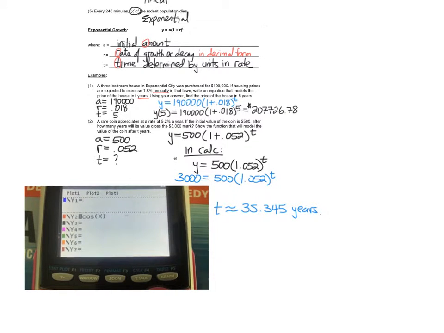All right, so we have 500 times, well, I already forgot, 1.052? Yes. Oh, so I didn't forget. That's wonderful. Raised to the x power, because you can't put a t in this. All right, we want that to be equal to 3,000.